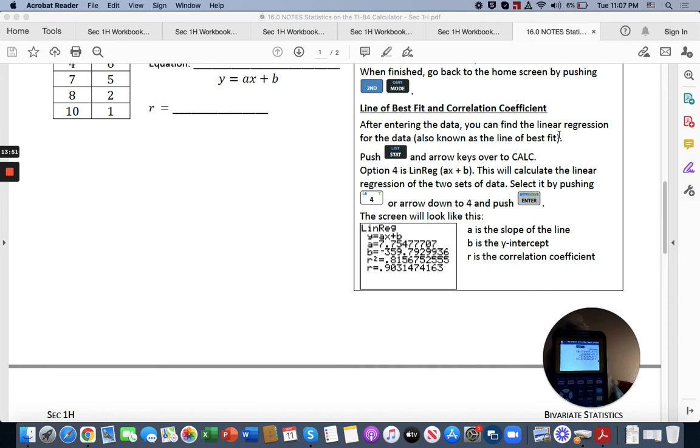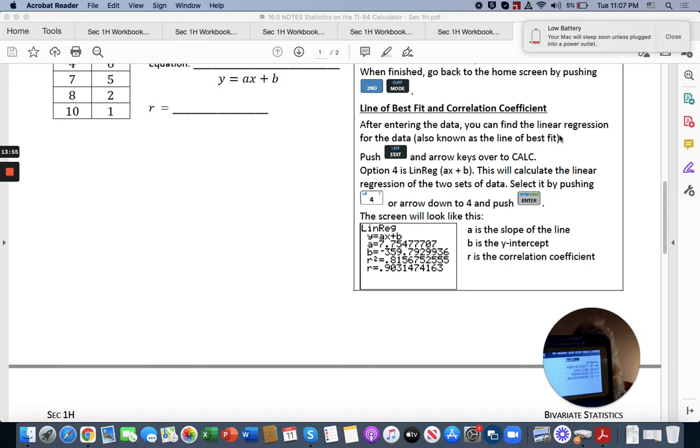So A is negative 0.74 on the rounding. Okay, and then B is 32.38. And then your equation is Y equals A, so your A should be negative 0.74x plus B, so plus 32.38. And your R is negative 0.98. And that's how you do that problem. And we're done. Okay? All right.